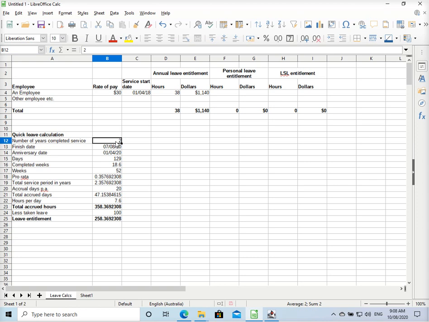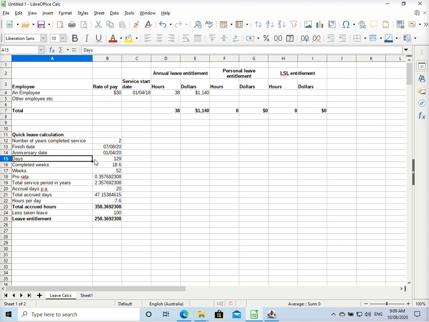Two years of completed service, and then I work out how many additional weeks or days, hours of pro rata service in that final year. So the anniversary date is the 1st of the 4th.